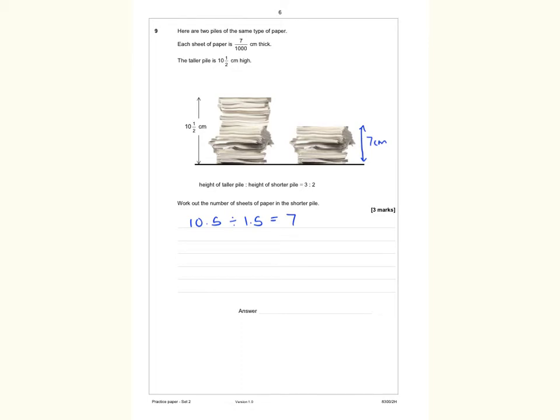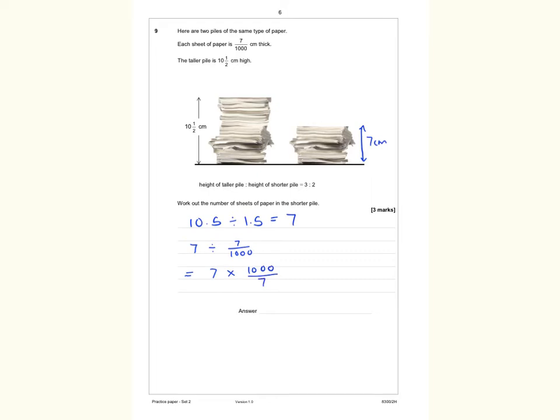Now the question was work out the number of sheets of paper in the shorter pile. So I can find that by doing 7 divided by this thickness here. So we've got 7 divided by 7 over 1000. Now this is actually quite easy to do without a calculator. This is going to be 7 times 1000 over 7.